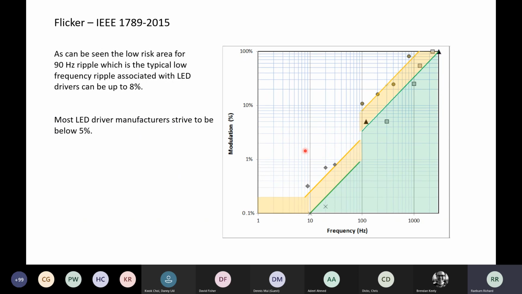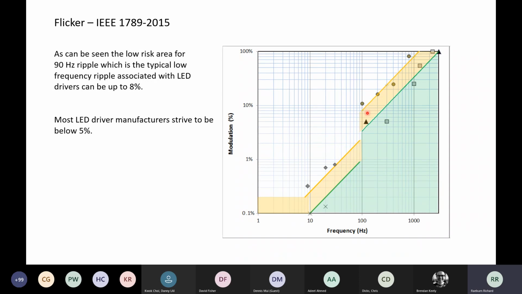Now, really, what the 1789 recommends is certain maximum levels of current ripple, let's say, or flicker, and generally, if you're looking at up to about 90 hertz, it's approximately 8%.